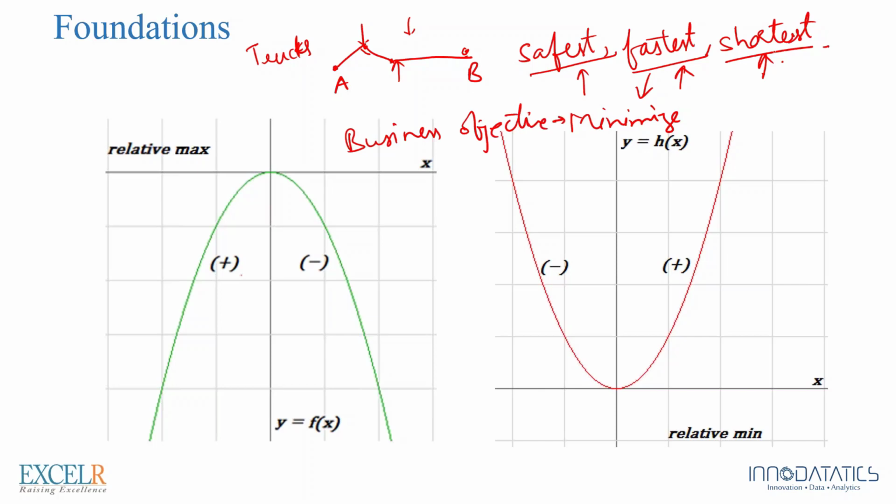And if you want to find the shortest route, then what is? Minimize the time, absolutely. Minimizing the distances. See, fastest route need not be the shortest route. When you say fastest route, then you want to reach the destination very fast. So you want to minimize the time. Shortest route means you want to minimize the distance.